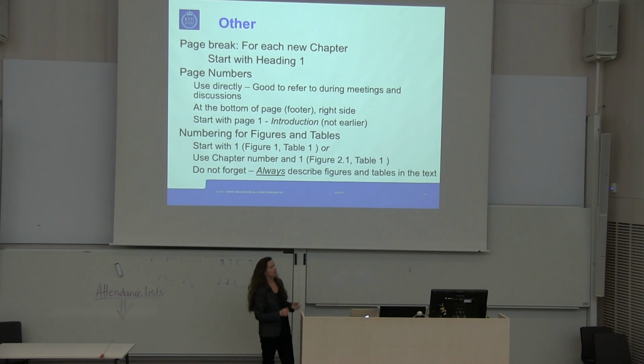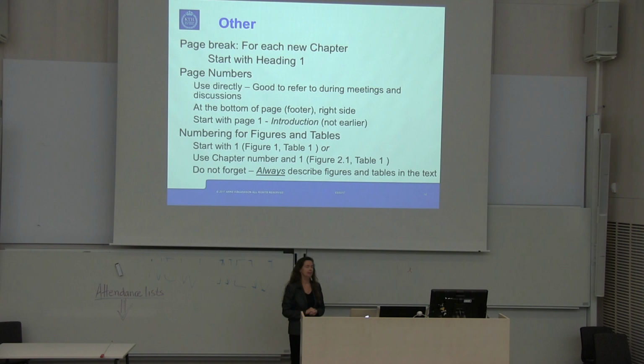Since we're talking about the figures, I also wanted to say one thing, and that is when you enumerate the figures or tables, if you have plenty of figures in the thesis, you can use the chapter number and which number the figure has. But if you only have 3 or 4 or 5 figures in the whole thesis, you don't need a chapter number.